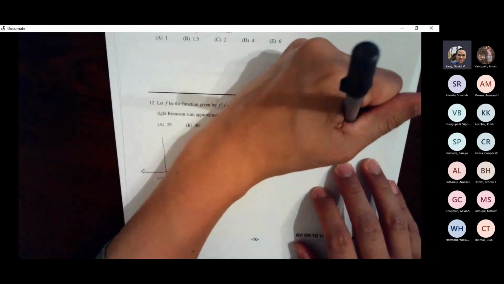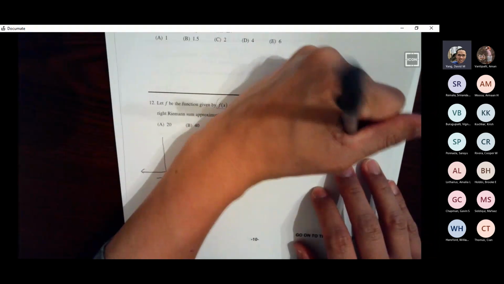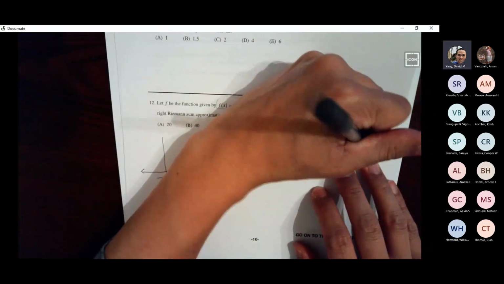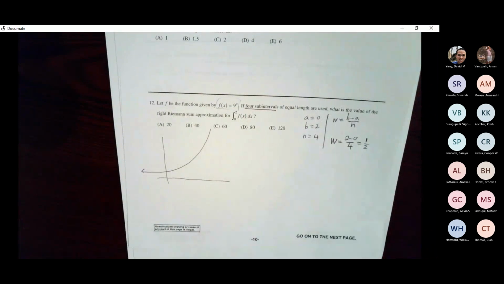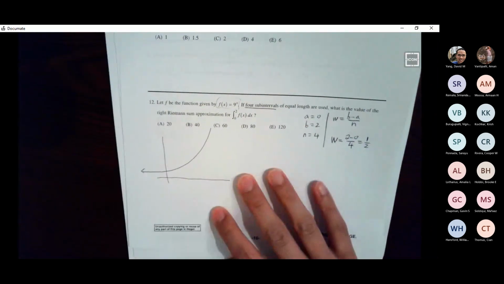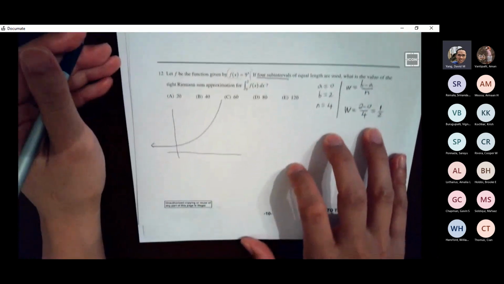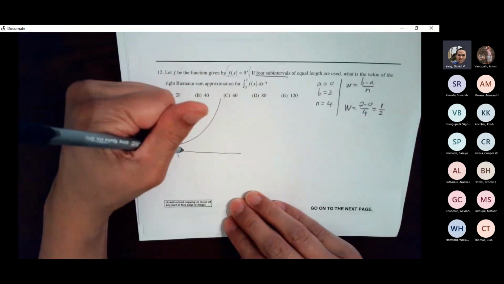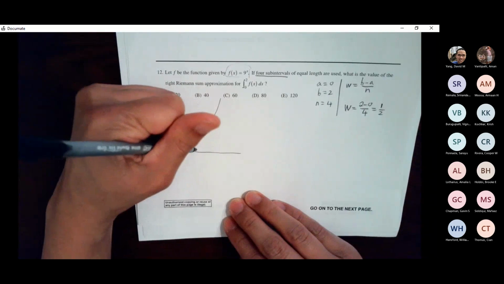So b minus a is 2 minus 0 over 4, which equals 1/2. Width is 1/2, so I'm going to create my 4 subintervals here.